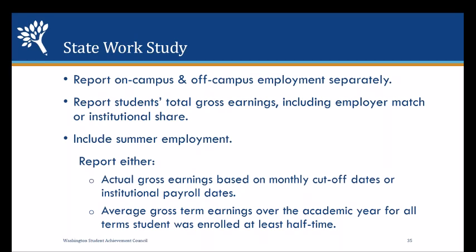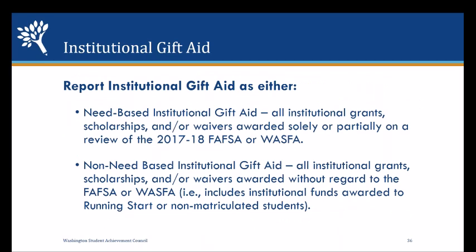Report institutional gift aid as either need-based institutional gift aid, which is all institutional grants, scholarships, and or waivers awarded solely or partially on a review of the 2017-18 FAFSA or WASFA. Non-need-based institutional gift aid is all institutional grants, scholarships, and or waivers awarded without regard to the FAFSA or WASFA.